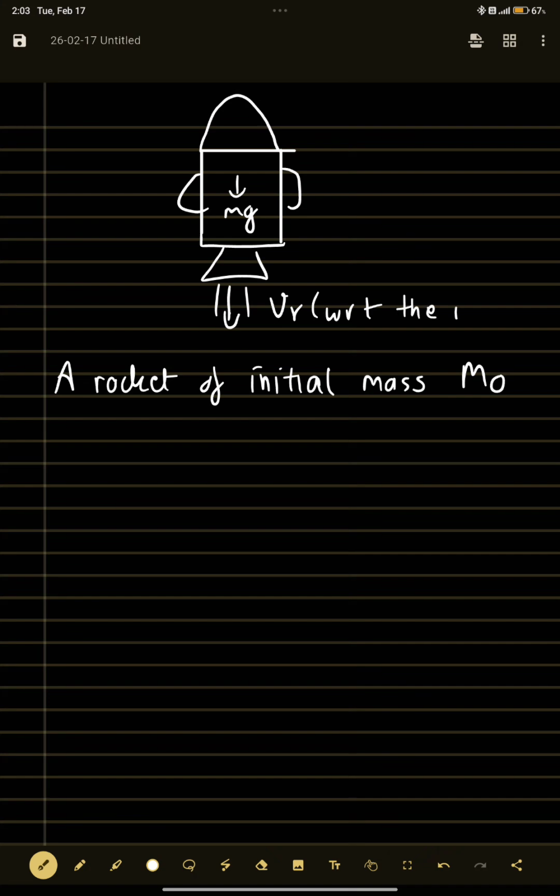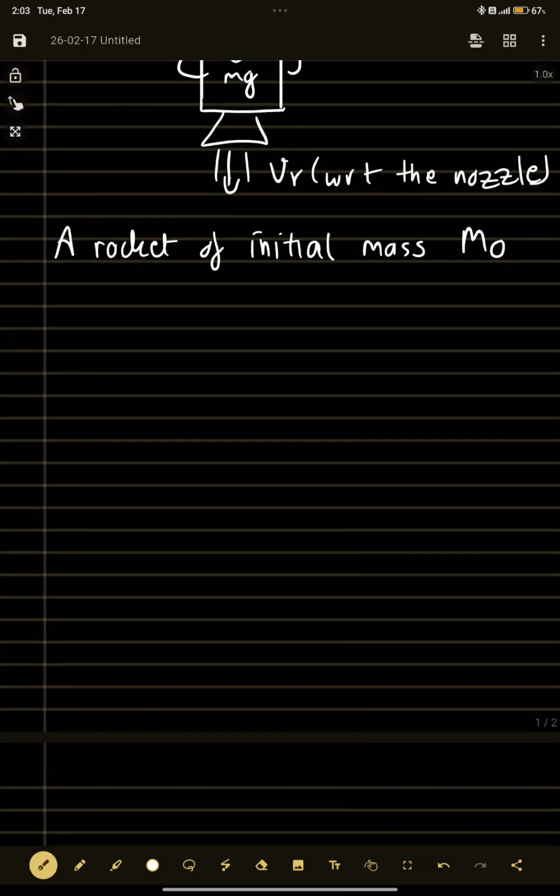The mass of the rocket depletes at a constant rate.